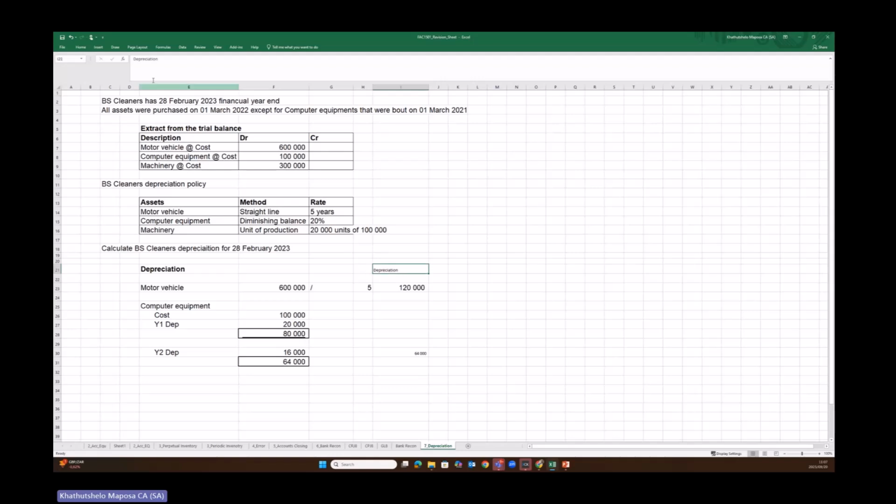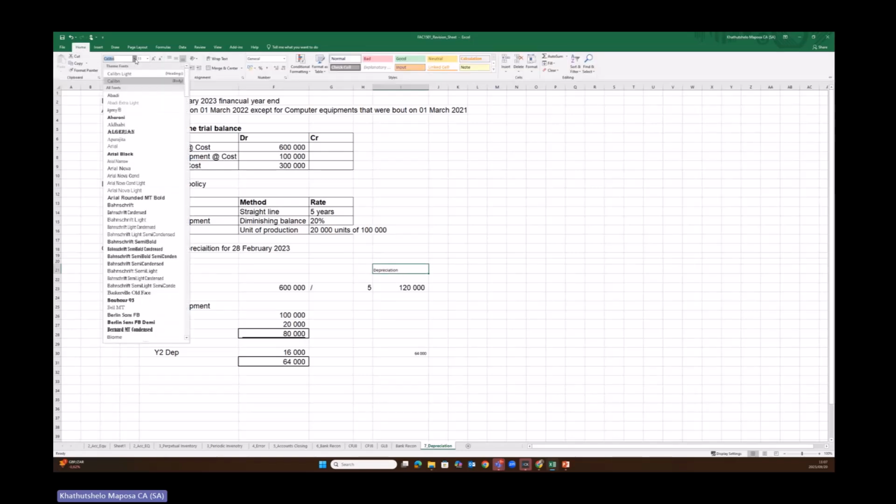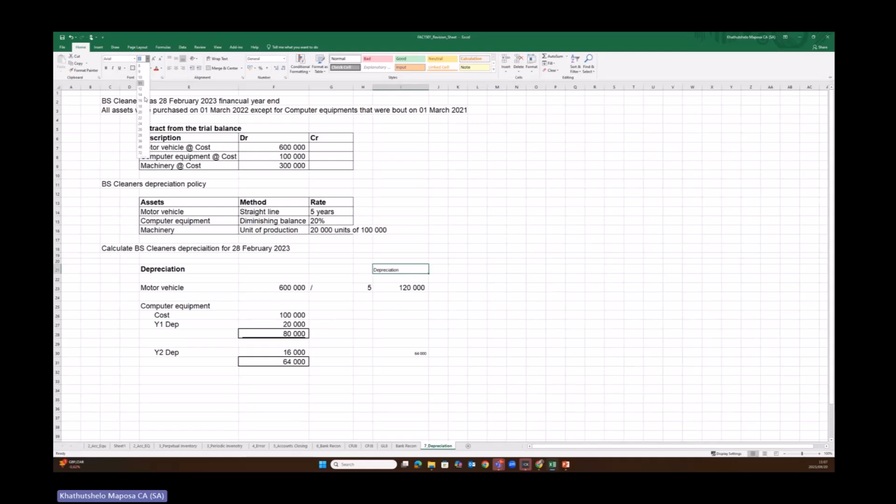So our depreciation for computer equipment will be 16,000. As Daphne has explained, I will just repeat what she said very quickly.